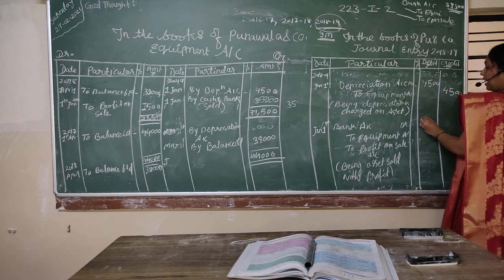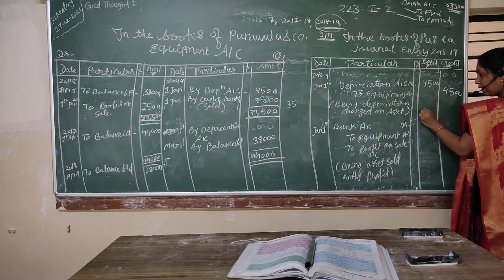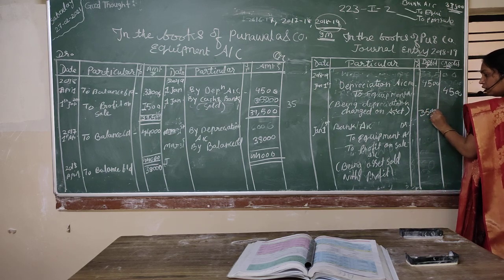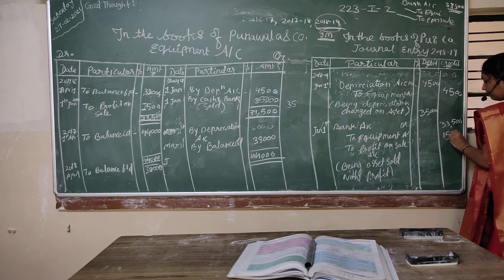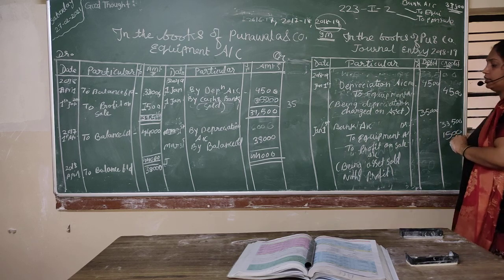So in the bank we will get 35,000, out of which 33,500 was the written down value of the machinery and the profit amount was 1,500.